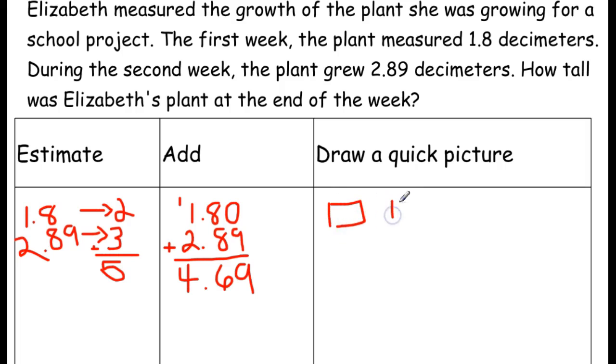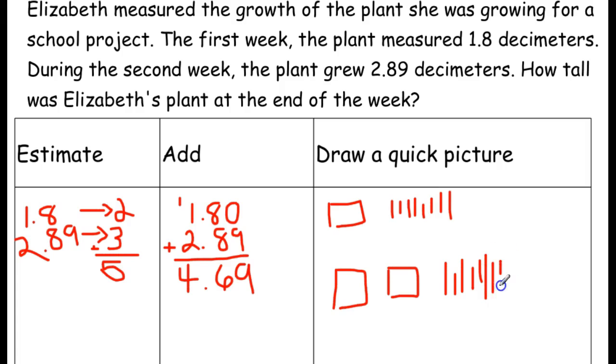1 and 8 tenths. 5, 6, 7, 8, and 2 wholes, 8 tenths, again, 3, 4, 5, 6, 7, 8, 9 hundredths. 2, 3, 4, 5, 6, 7, 8, 9.